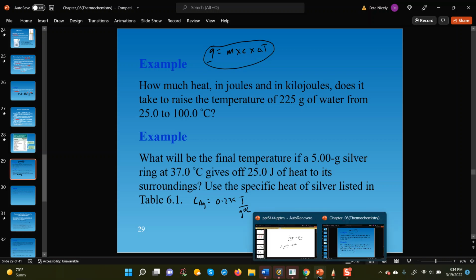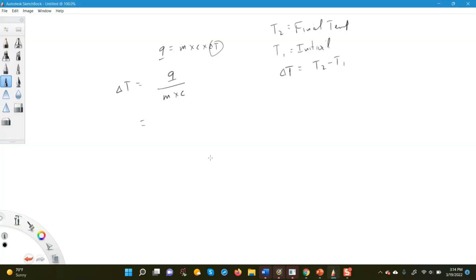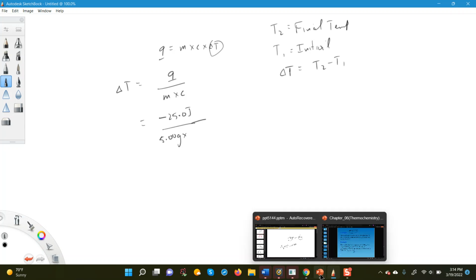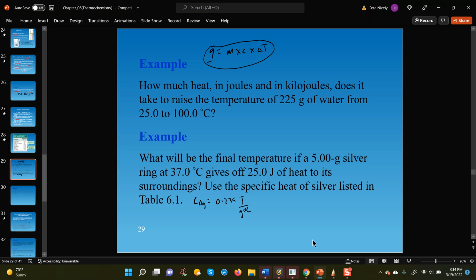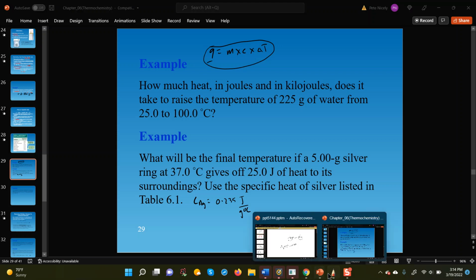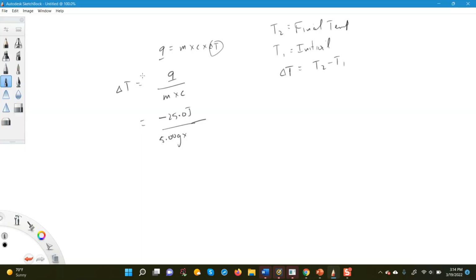So what that means is that Q will be minus 25.0 joules of heat divided by the mass, which is equal to 5.00 grams times the specific heat, which is 0.235 joules per gram degrees Celsius.